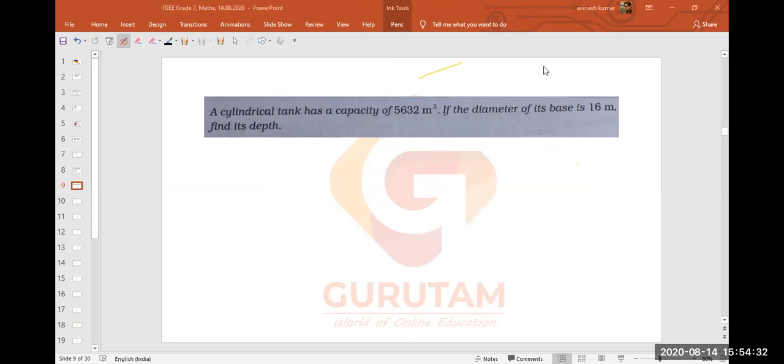Cylindrical tank, capacity is volume. Carry forward.